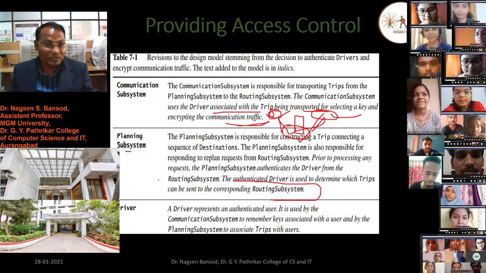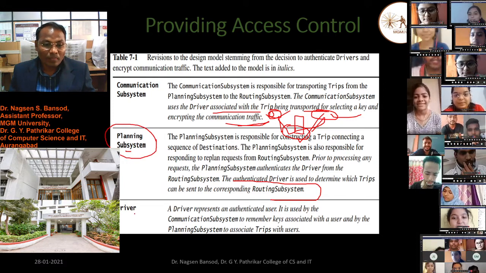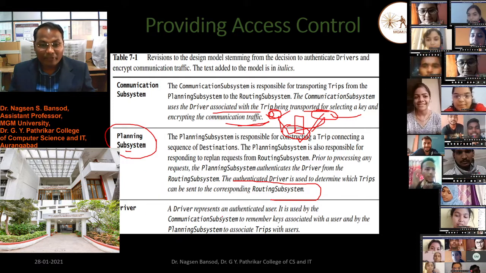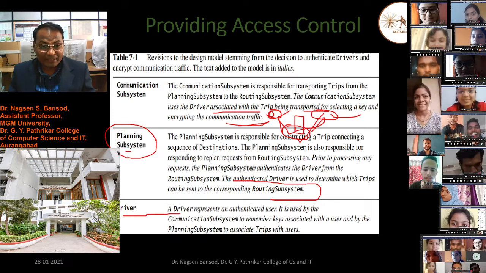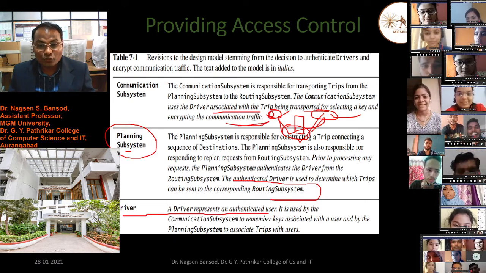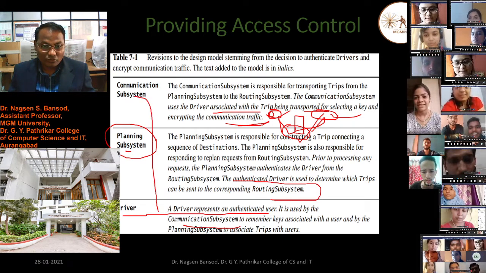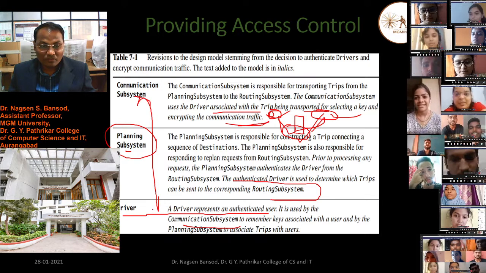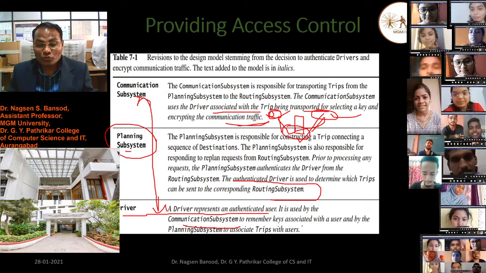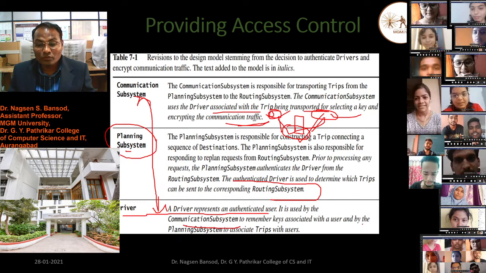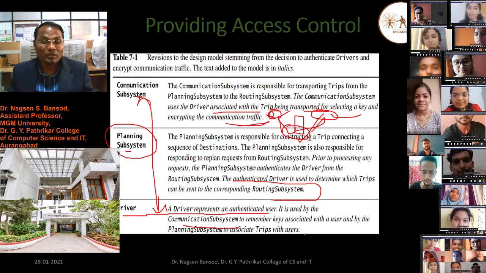In the communication subsystem, driver. A driver represents an authenticated user. It is used by the communication subsystem to remember the key associated with a user, and by the planning subsystem to associate a trip with the user.